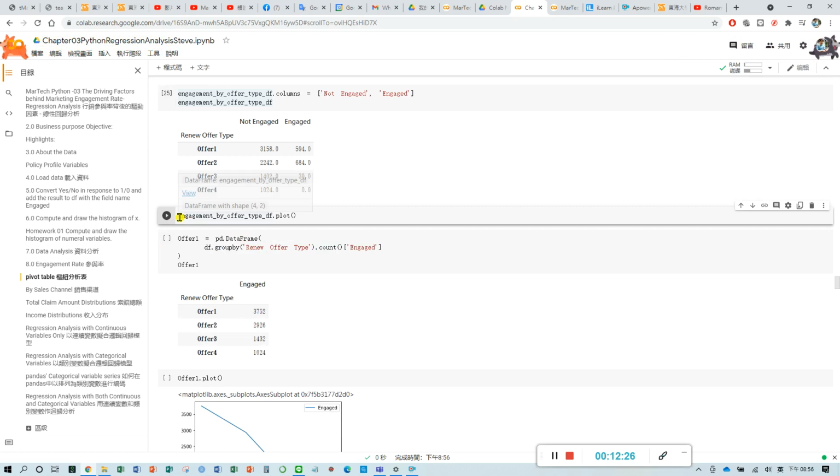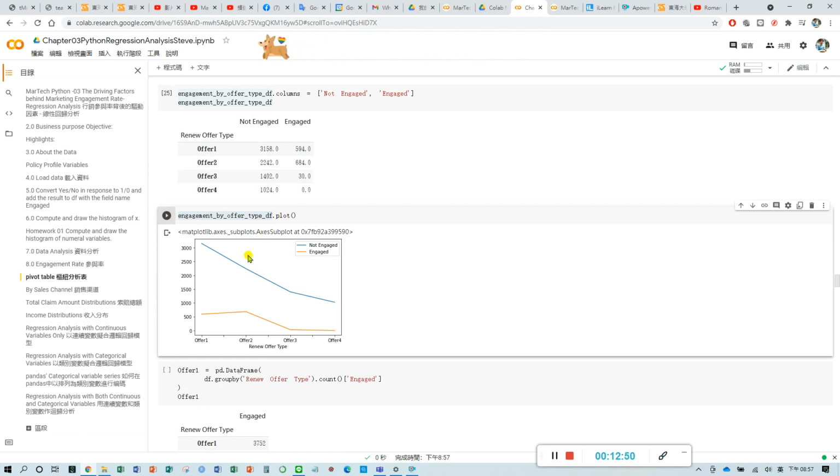It's very easy. Engagement by offer type DF is the data set we just created, and we plot to show the diagram for this data set.